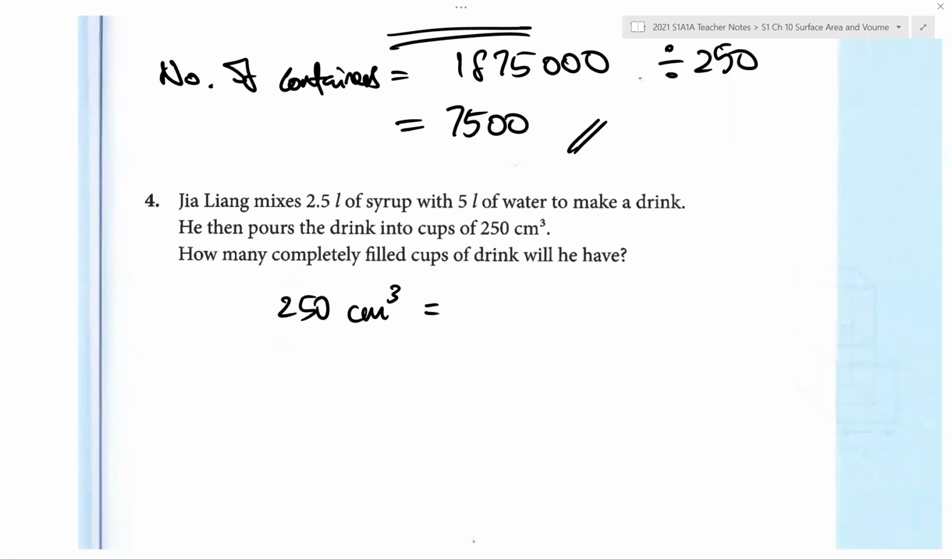How much is that? Cubic centimeters to milliliters. It's the easiest one. Junxian, you must know. You got how many ml?